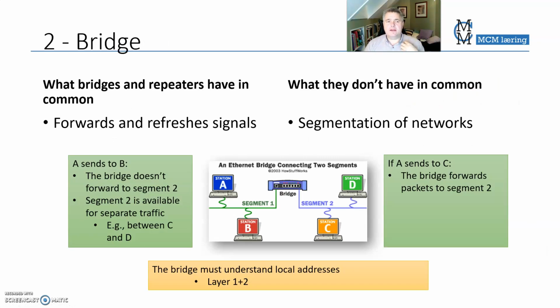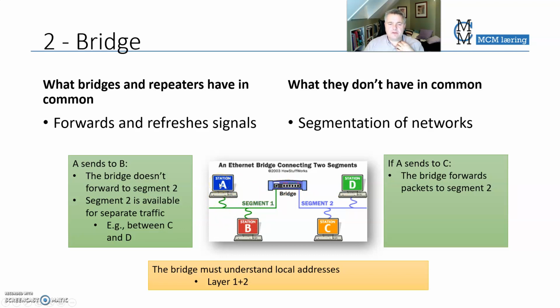A bridge, on the other hand, is like a repeater. If you see the figure here, it sits in between one group of computers and another group of computers and makes a bridge between the two network segments. However, it doesn't only refresh the signal, it also looks at the local addressing and analyzes if it's necessary to send the message across the bridge, or if it should be kept on one side only.